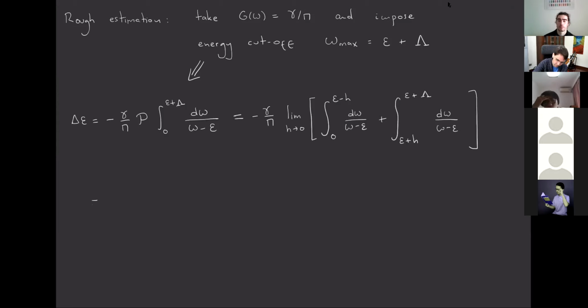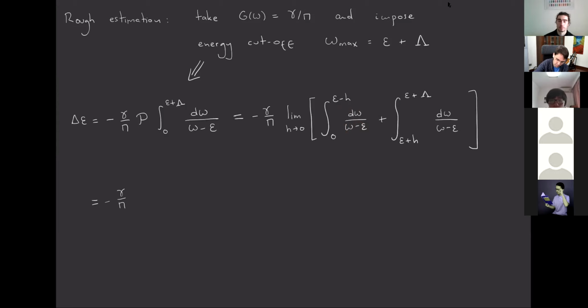Now, this integral is very simple because you know what the primitive of 1 over omega minus epsilon is. This will just be the logarithm, right?